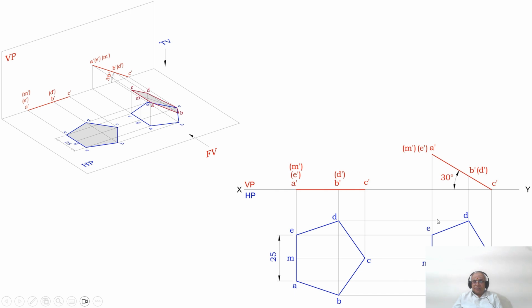Similarly from D also you draw a horizontal projector such that these two projector lines intersect the projector line drawn from B dash D dash, and you mark these 2 points as B and D. Then you draw a vertical projector from C dash and a horizontal projector from C. Both these lines intersect at the point C, and you mark that point as C and this point as M. Then join A to B, B to C, C to D, D to E, E to M with a dotted line. So this is how you will be able to write the second position front view as well as the top view.